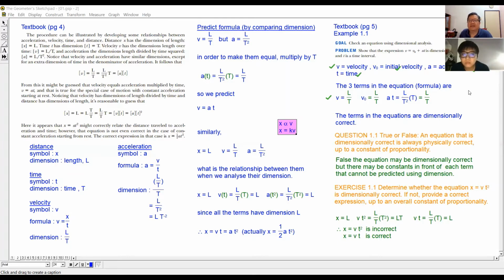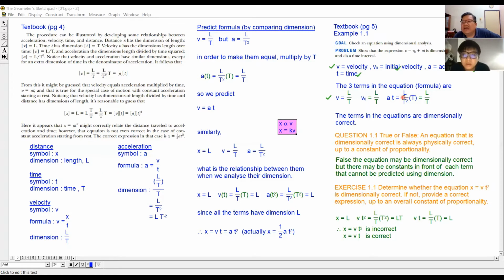L over T, length divided by time. What is the dimension for v naught? It is also a velocity, so the dimension is also L over T.